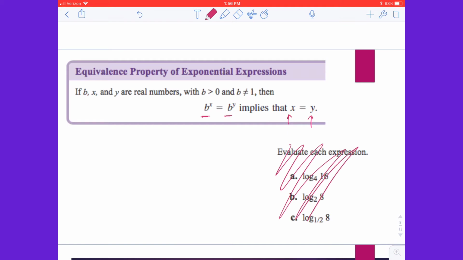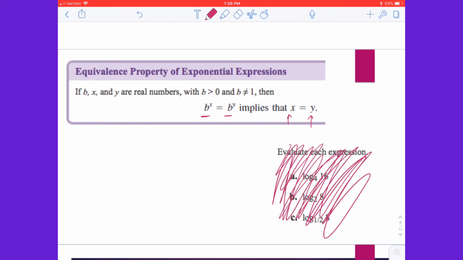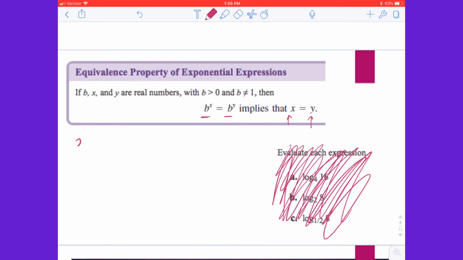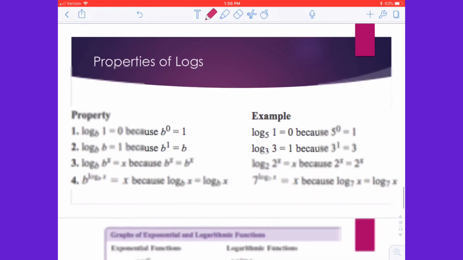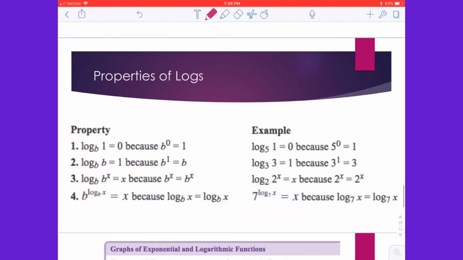So what this is saying is if I know that I have 3 squared and that has to equal 3 to the x power, then because their bases are the same, I know that their exponents need to be the same as well. So x must equal 2. And that's going to come in handy as we go through our properties and logarithms and work through some problems.